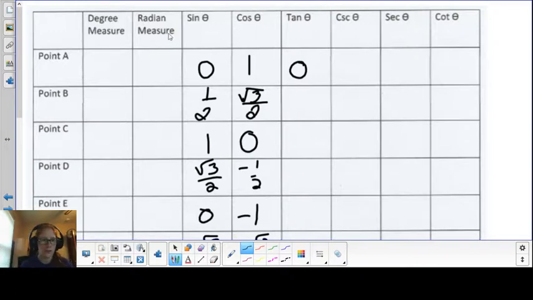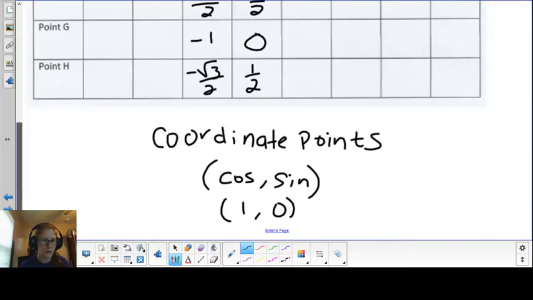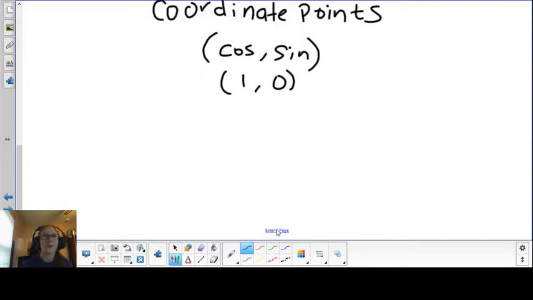CSC stands for cosecant. I'm going to scroll it down so we get used to saying that, just like we got used to sine, cosine, tangent, even though they don't exactly look like the spelling. Remember, it's short. It stands for cosecant.